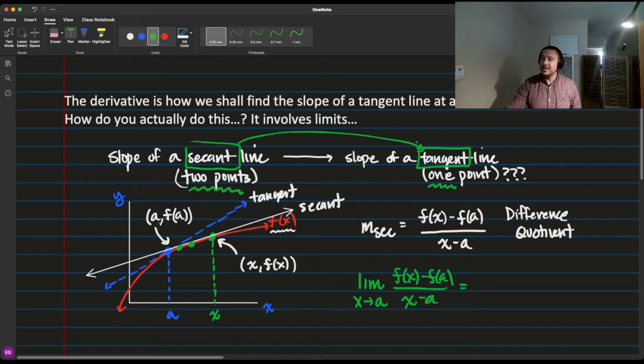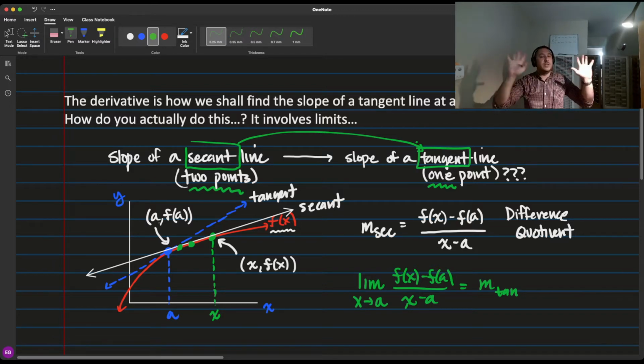Boom. This is how you get the slope of the tangent line. Hopefully this idea makes sense. You're making the x go towards a, you're closing the gap. You started off with 2 points and you say, hey, let me just turn x into a. Then you're just left with 1 point. And that's literally what we wanted to find, the slope of the tangent line.